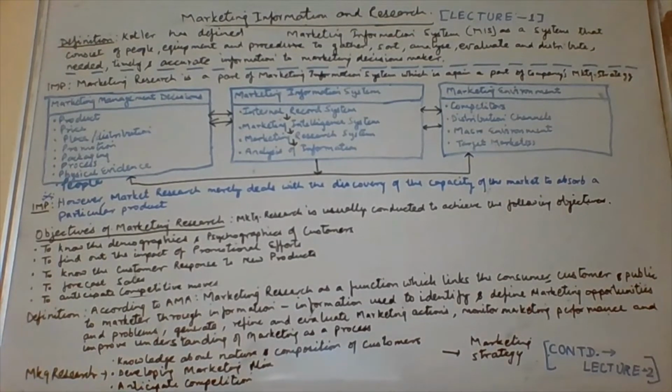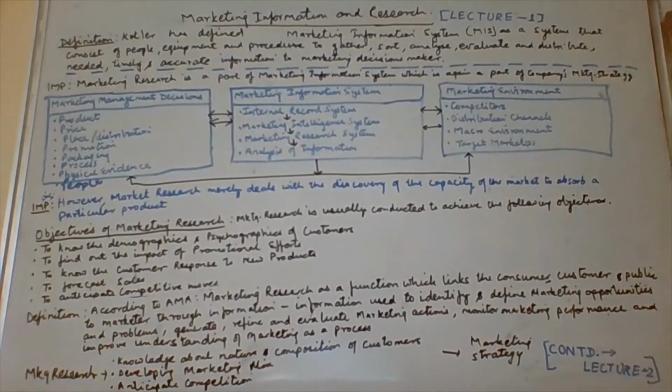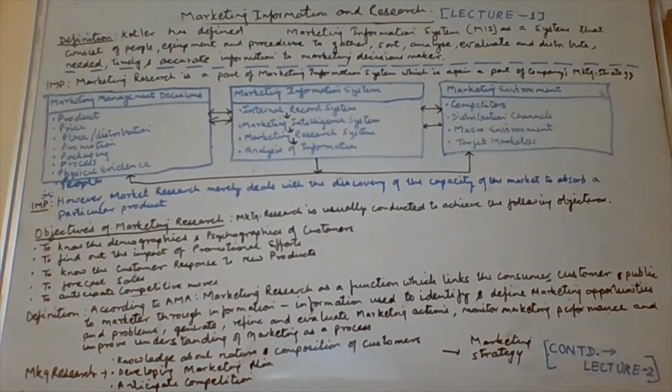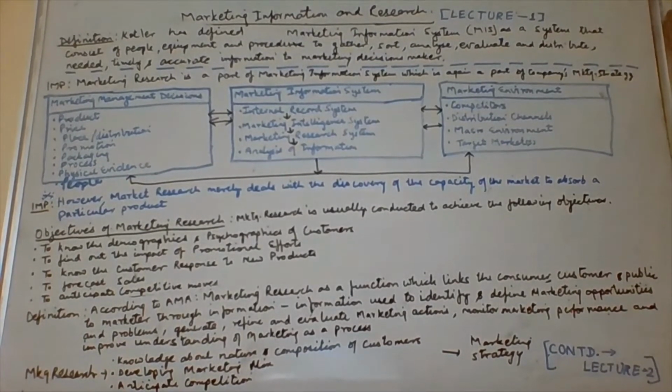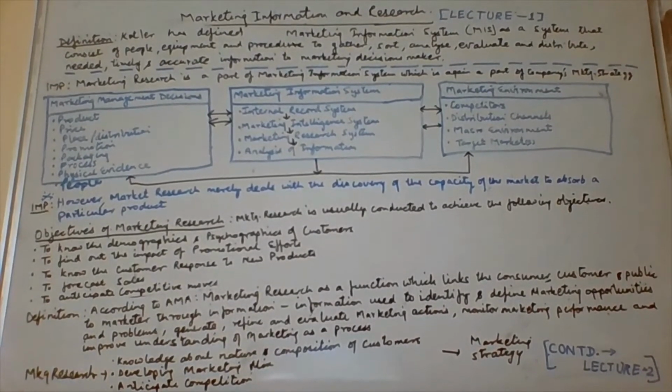Market research is a part of marketing research, and it is related only to the absorption of a particular product in terms of sales, or how much of the product could be sold in the market. So, before I go to marketing research, let us study what this marketing information consists of.